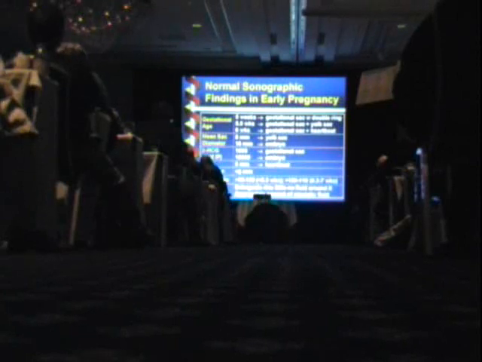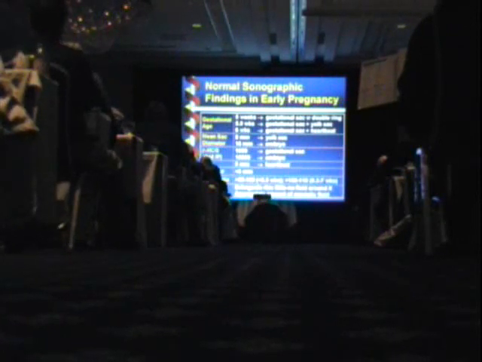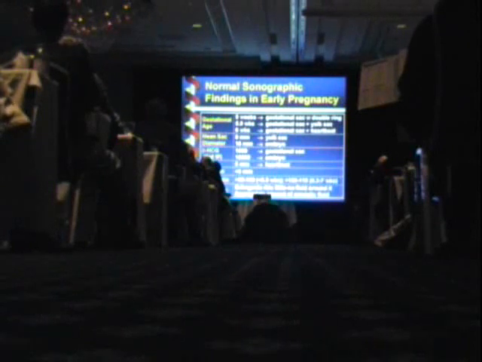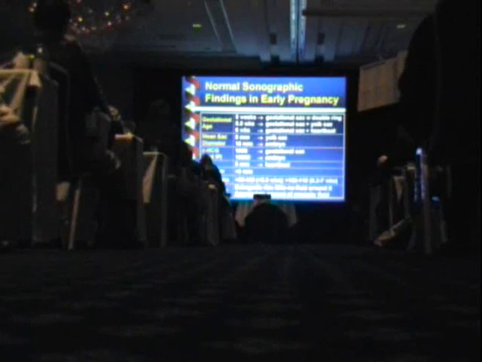The yolk sac should be less than 6 millimeters. There are heart rate norms and norms for the appearance of the gestational sac. So again, I haven't detailed every one of them verbally up here, but this slide represents most of the published norms for normal sonographic findings in early pregnancy.